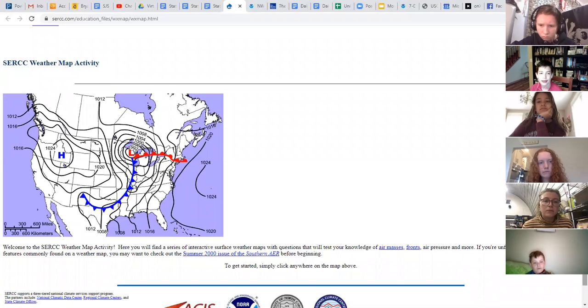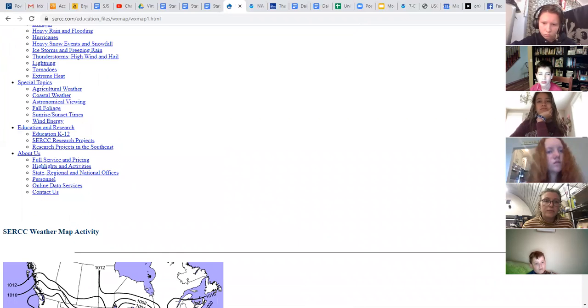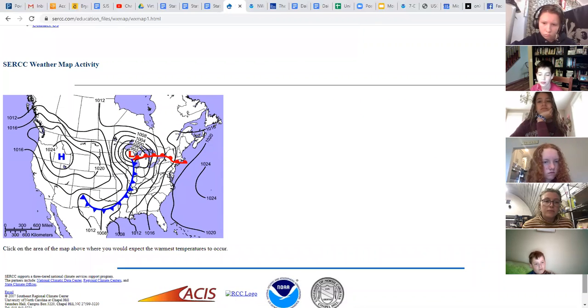So here's a weather map that looks very similar to what we just did. Question number 1. I want somebody to tell me where to click on this map where we'd expect to find warm temperatures. So now we're going to talk about temperature and pressure, going back to our notes.